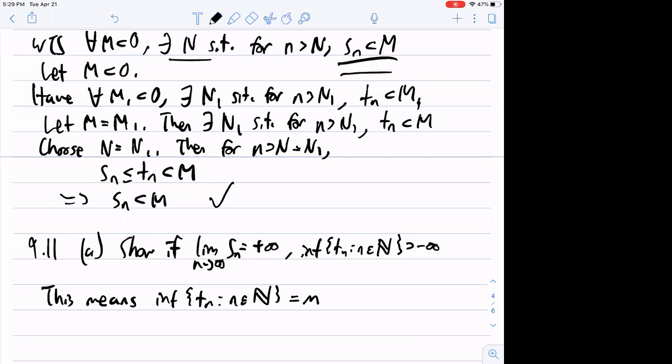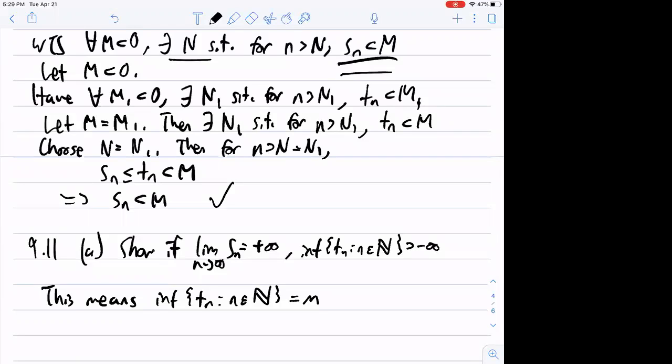What does the infimum being negative infinity mean? It means your set is not bounded below. If the infimum is bigger than negative infinity, then you are bounded below, and the completeness axiom tells you there is a greatest lower bound.